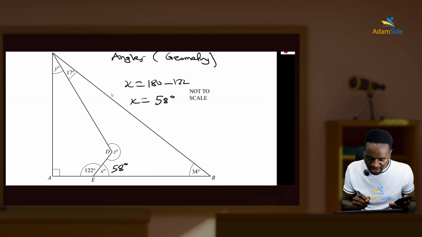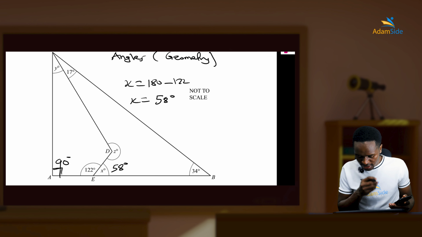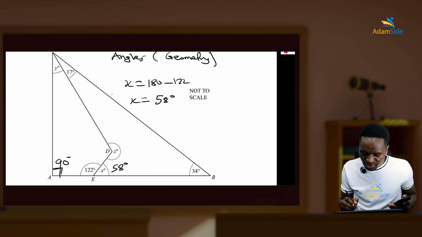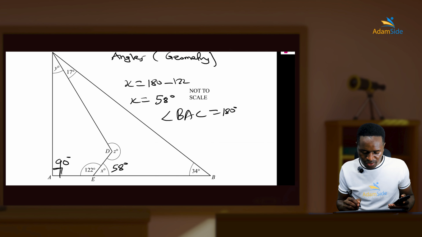We have 34 degrees here. And then remember here, this is a right angle. D is a right angle. So we say angles in a triangle add up to 180 degrees. We have triangle BAC, the sum of all three angles is 180 degrees.